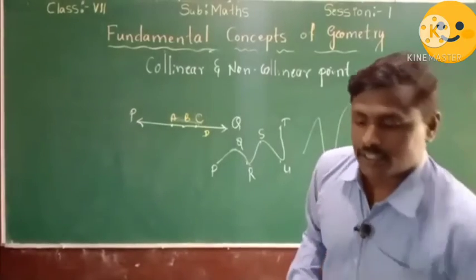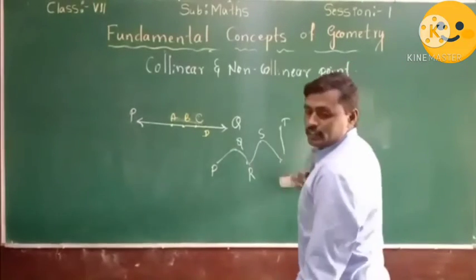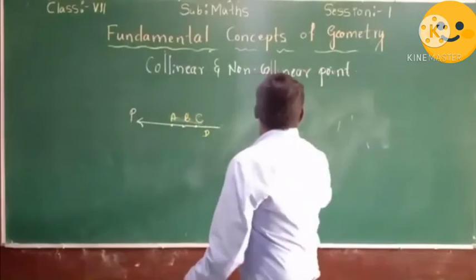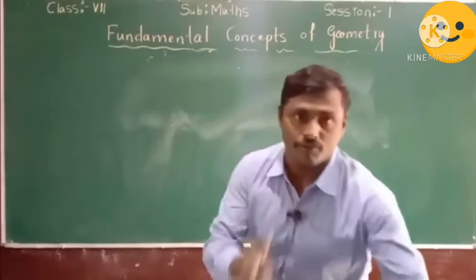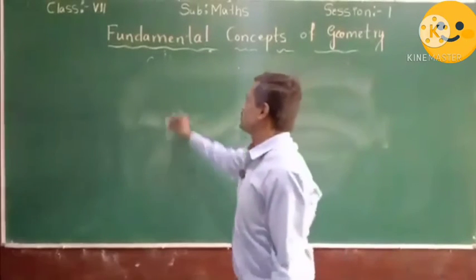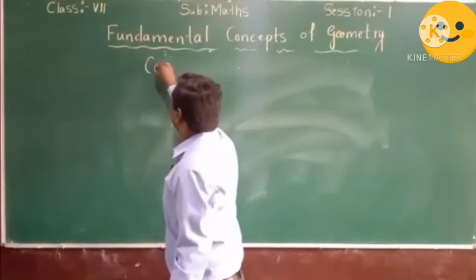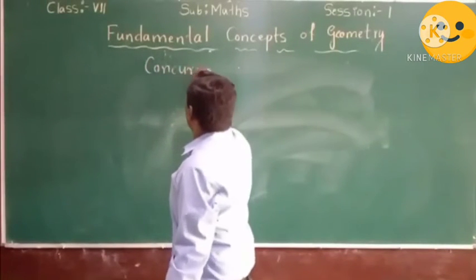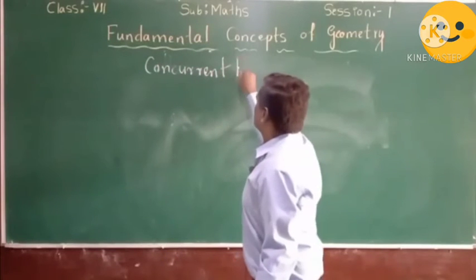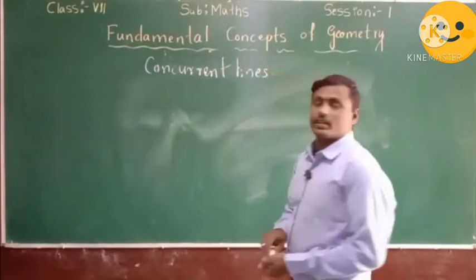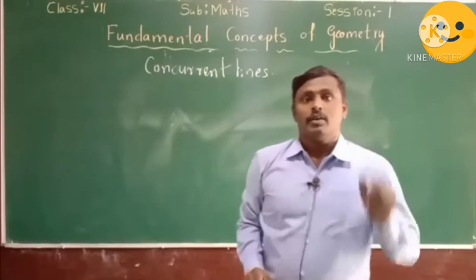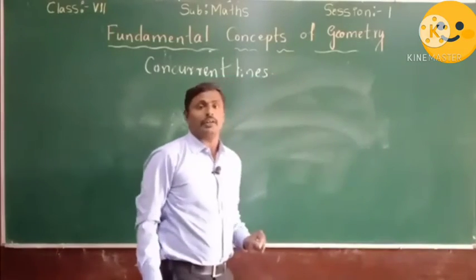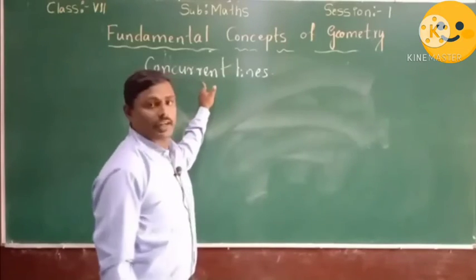So the next concept is concurrent lines. Concurrent lines mean what? If two or more lines pass through a single point, they are called concurrent lines.